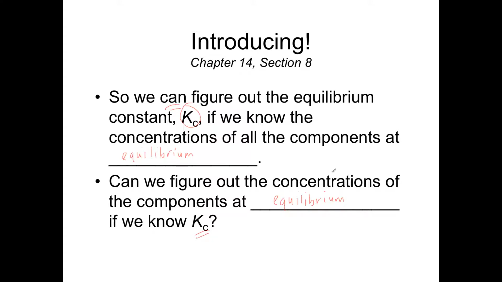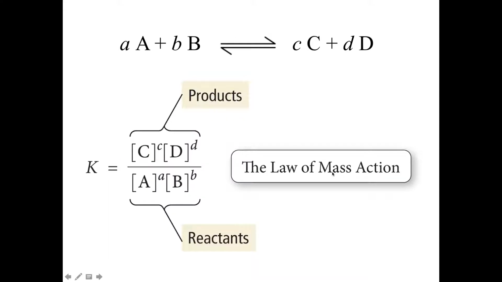Okay? So let me remind you that if we're talking about some reaction, A and B, producing C and D, actually being in equilibrium with C and D, right? Where the molar coefficients of A, B, C, and D are respectively little a, little b, little c, and so on. So you've seen this several times before.